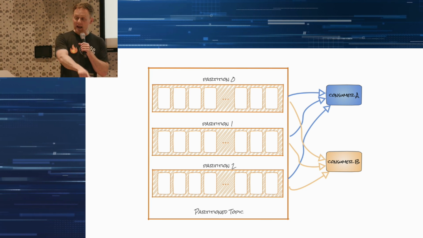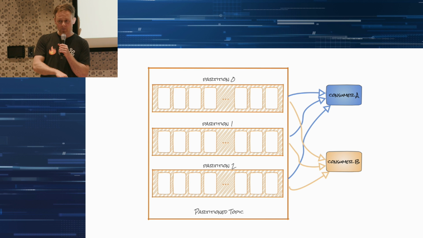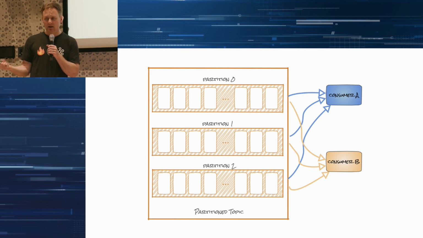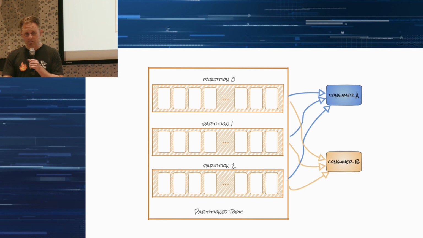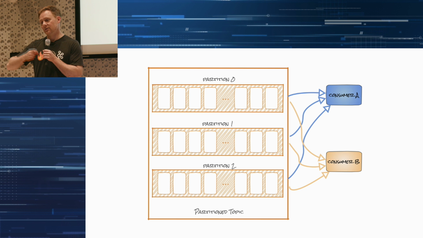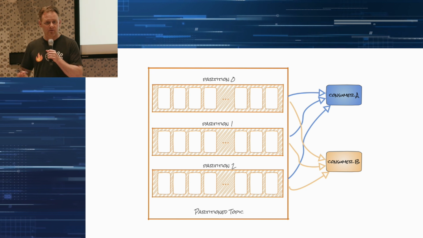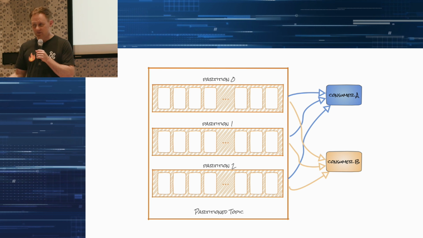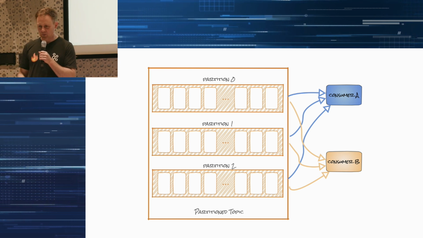Now that I can have any number of applications reading from a topic, I can produce to a topic, I can manage the schema of the messages in that topic, hopefully with the schema registry, so that you've got some help keeping track of who's putting what in and whether it's in the right format and whether consumers will be able to read it.